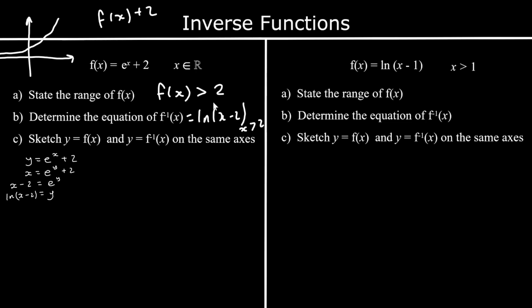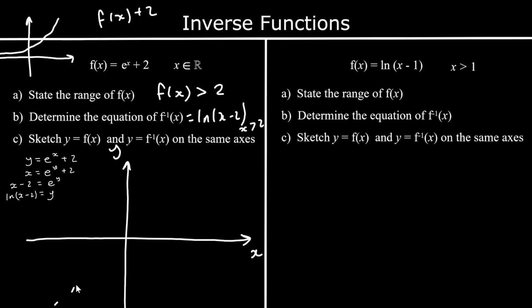So let's sketch our two functions. So we've got a reflection in the line y equals x. Again, that's always the case for inverse functions. And let's sketch our original. That's going to be easiest. So we've got an asymptote at y equals 2.